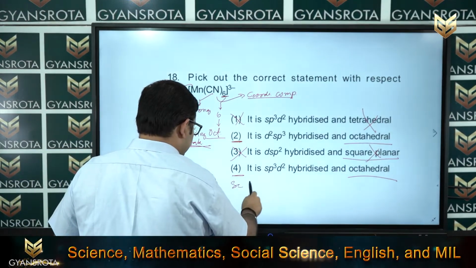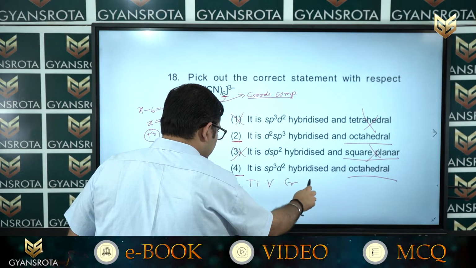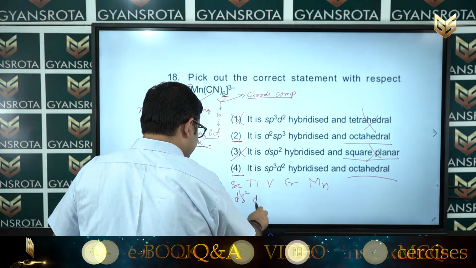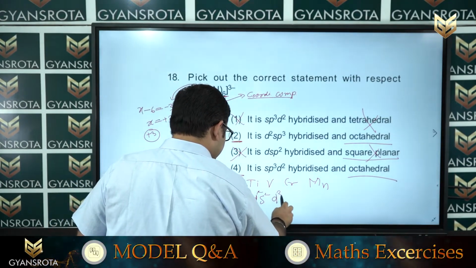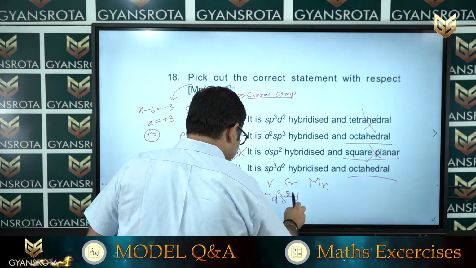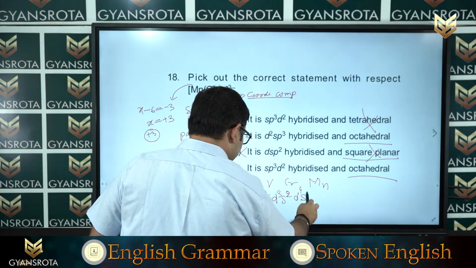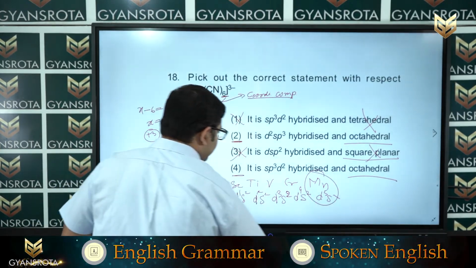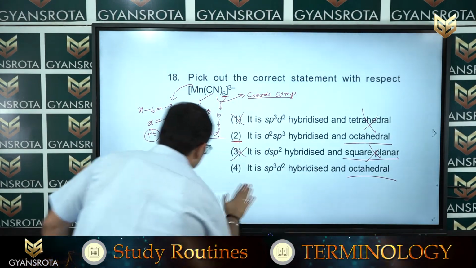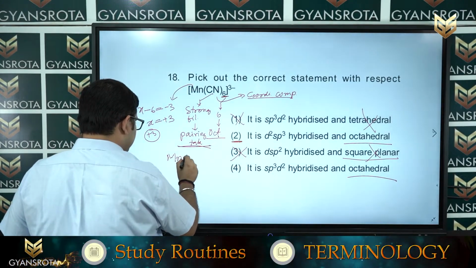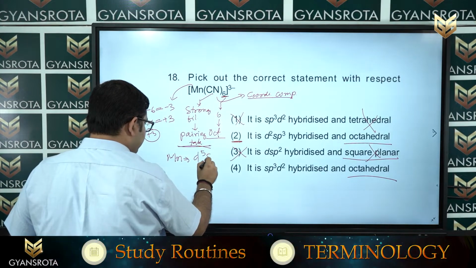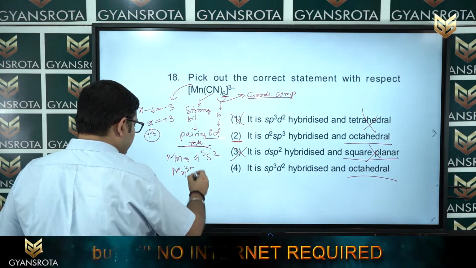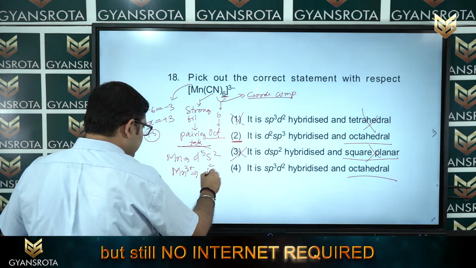Now see, D1 S2, D2 S2, D3 S2, D4 S2, D5 S2. We require only this manganese part. So manganese is D5 S2, and what happened? Manganese 3 plus, 2 from here, 1 from here. So you have to leave out only D4.